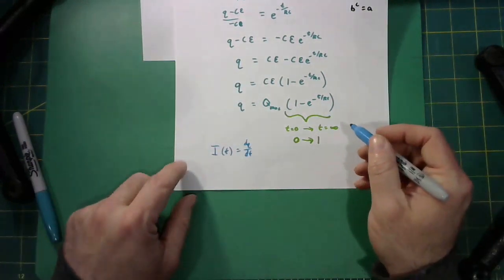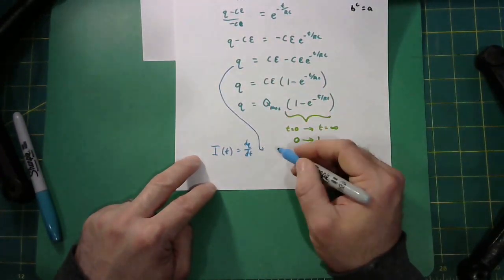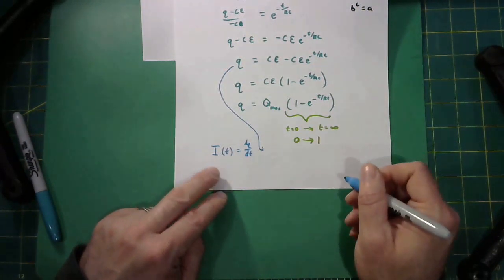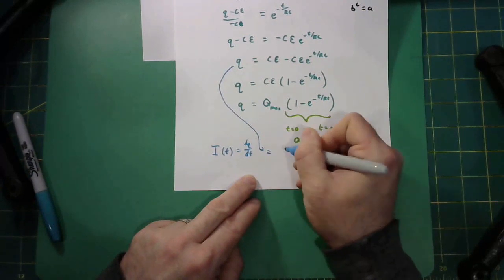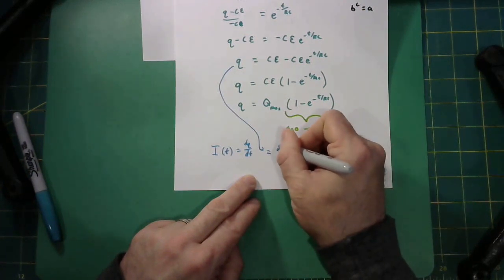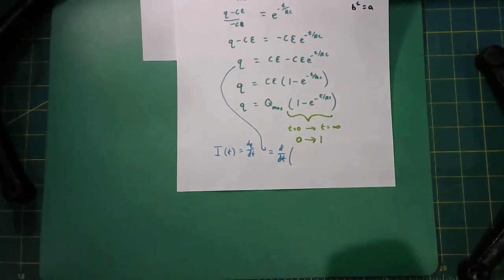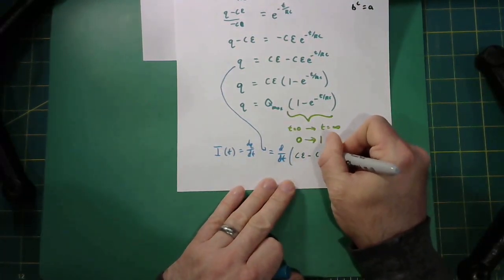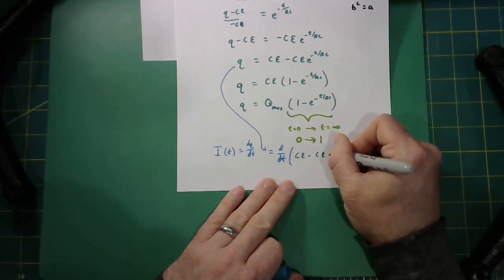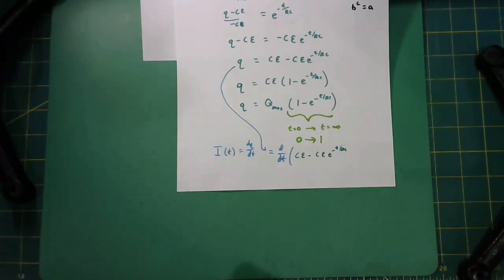Okay, so I'm going to take this, and I'm just going to take the derivative of it with respect to time. And so you say to find that current, it's dq dt, so it's going to be the d dt of this.